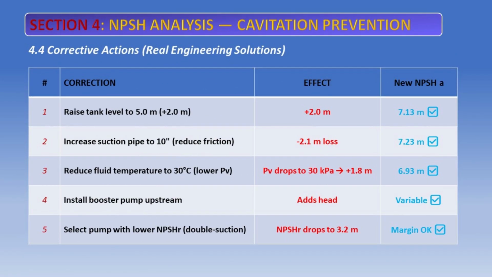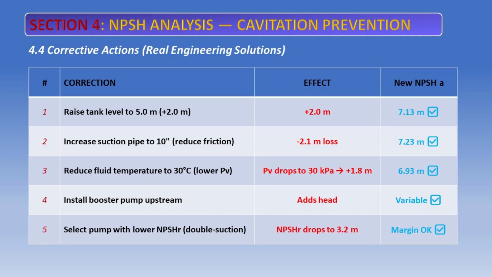To fix this NPSH problem, we have several real-world engineering solutions. We could: 1. Raise the tank level, increasing the static suction head. 2. Increase the suction pipe size, reducing friction losses. 3. Reduce the fluid temperature, which would lower the vapor pressure. 4.